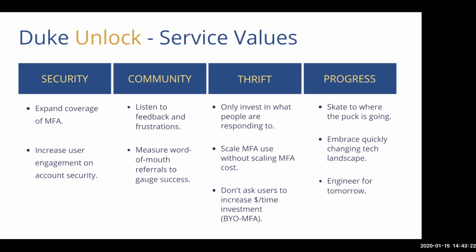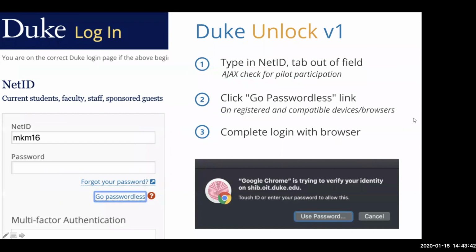Okay, please proceed, guys. So I'm going to skip through a few things quickly because we have some time to make up. But basically, as a result of these service values, what we wanted to do was put the very most minimal of minimal viable products together to start getting this out. At this time, we did not yet have a name for the service, but this was Duke Unlock version 1.